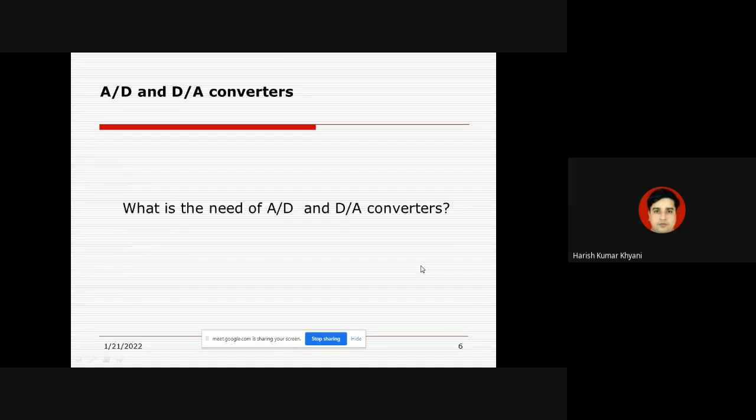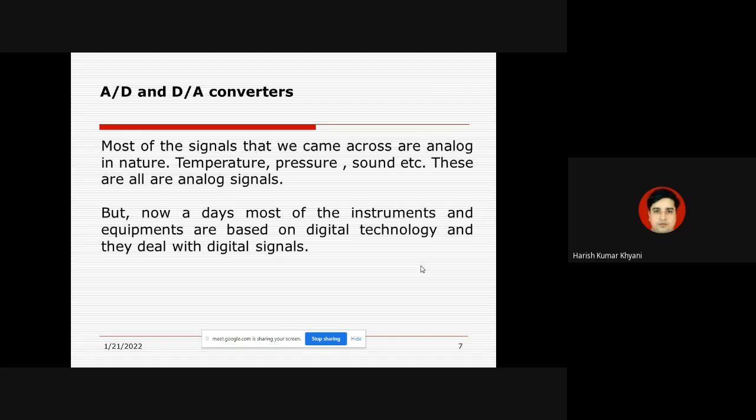So the question arises, what is the need for these kinds of converters? First, let us see what the requirement of such conversion is in our day-to-day life. As you all know, most of the physical signals like temperature, pressure, and sound that we come across are analog in nature, right?